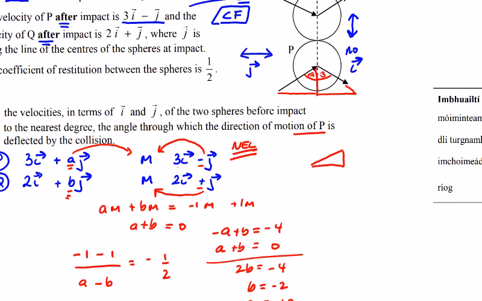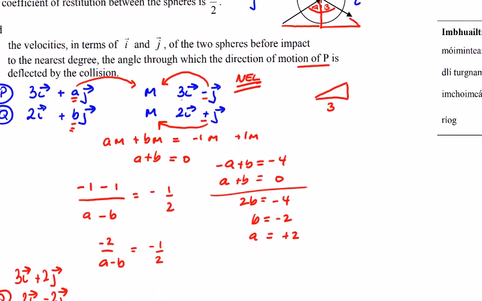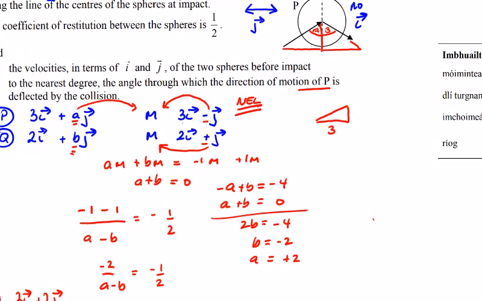So we have our first velocity is 3i. We got plus 2j, 3 and a 2. We say it's traveling in this direction.